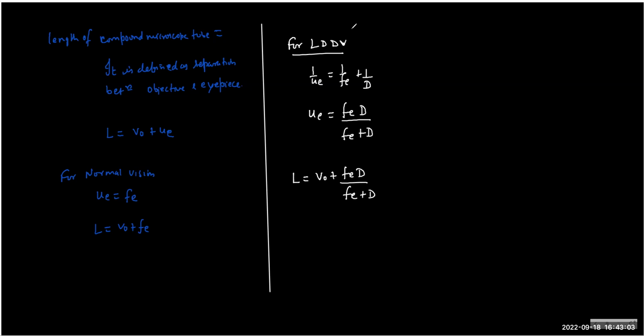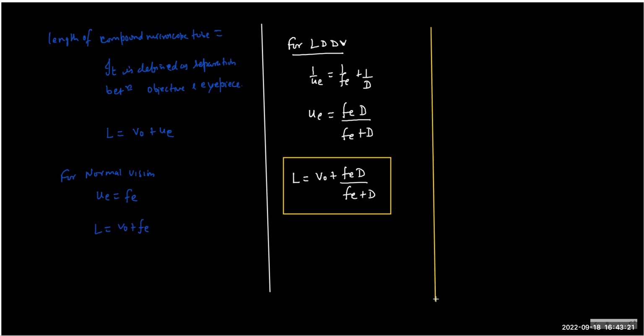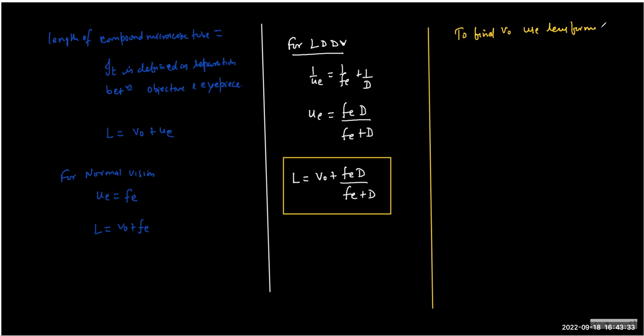So they might give you the length and expect you to find the other unknown values. And to find V naught, you can use the lens formula for the objective.